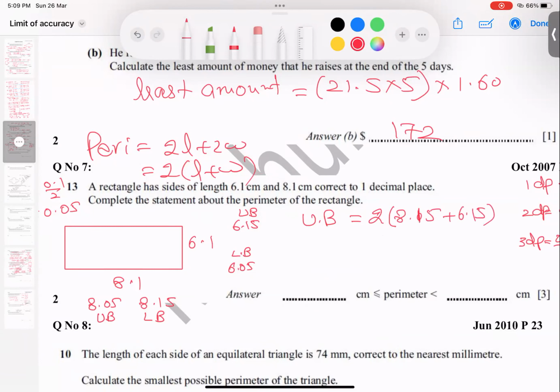Let me type it for you: 2 times (8.15 plus 6.15). I hope this is clear, and what answer am I getting?